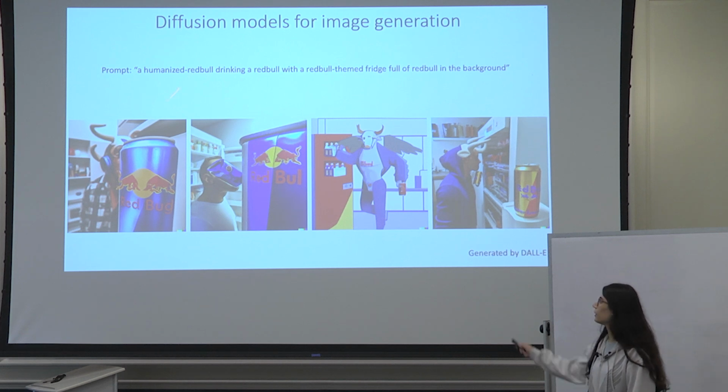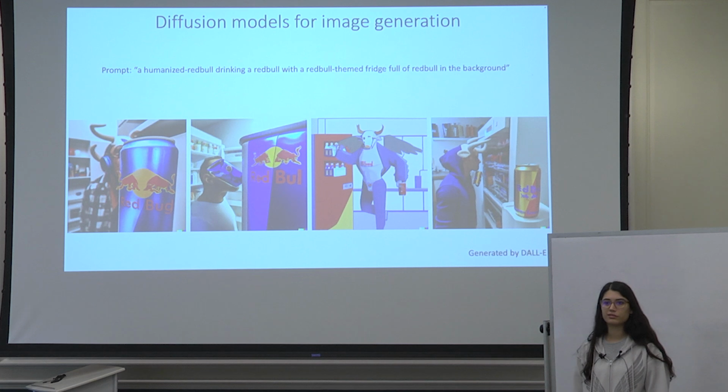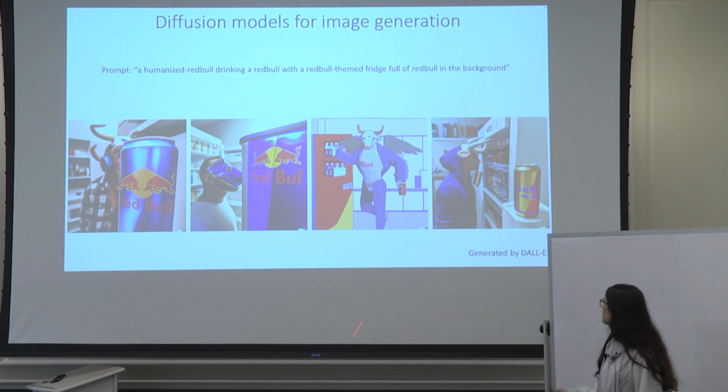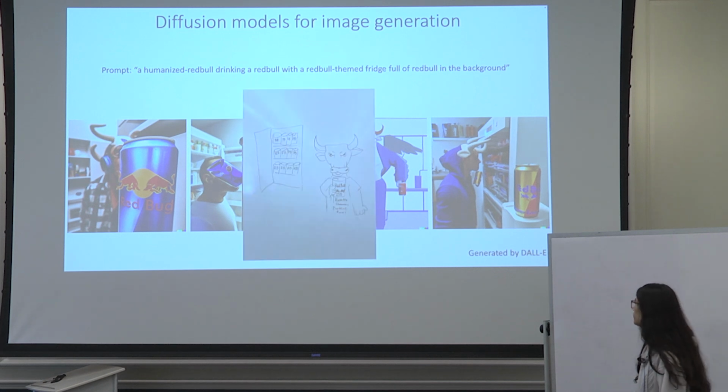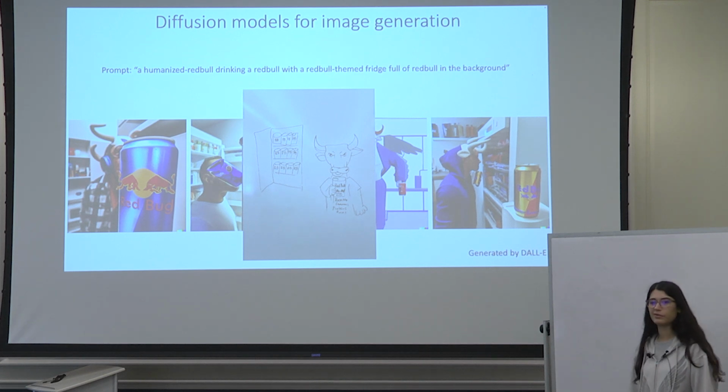Raise your hand if you think this prompt is fully satisfied by these images. Okay, so some belief in the third image here. Yeah, but maybe a little bit less faith than you had on the previous slide. Last time I showed this, one of the interns actually drew what it would look like if it was more accurate.